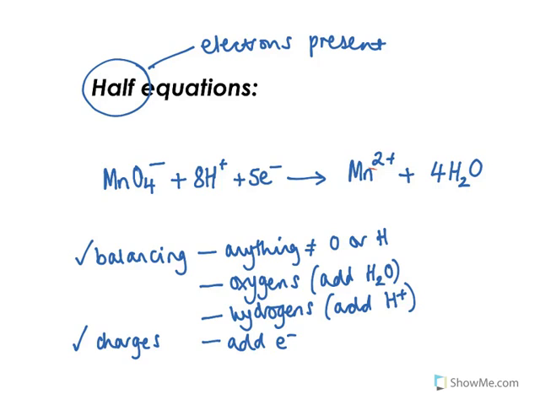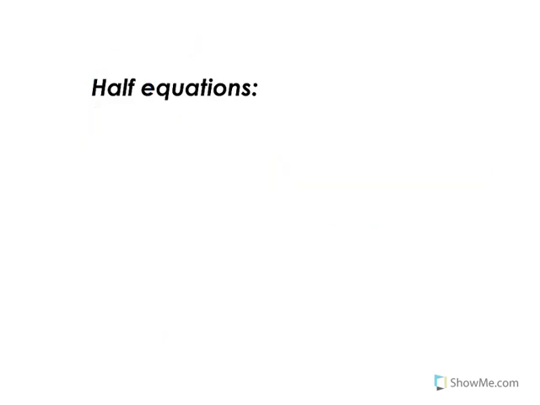And notice that we are gaining electrons here, so this is a reduction process because there is gain of electrons. So one half equation will be for the reduction side, the other half equation needs to be therefore for the oxidation side. So let's have a look at C2O4 2- being oxidised to CO2.